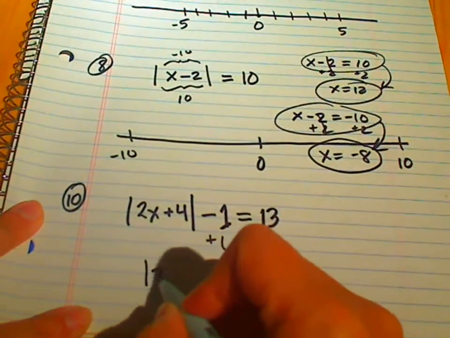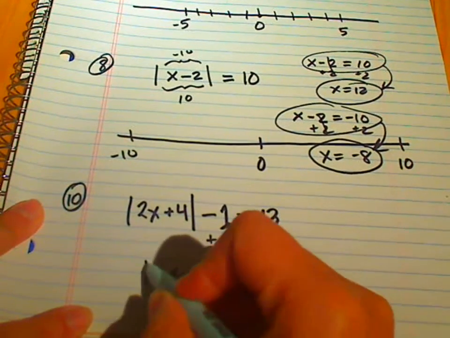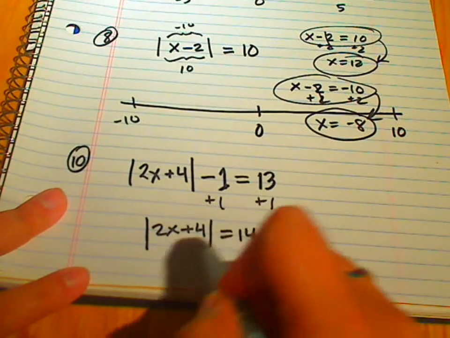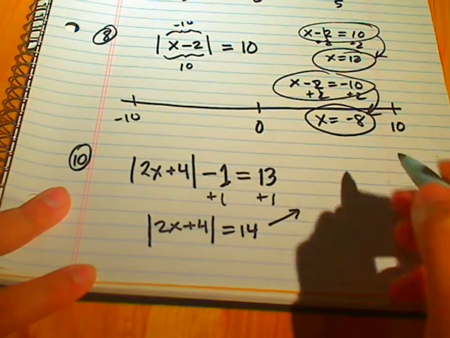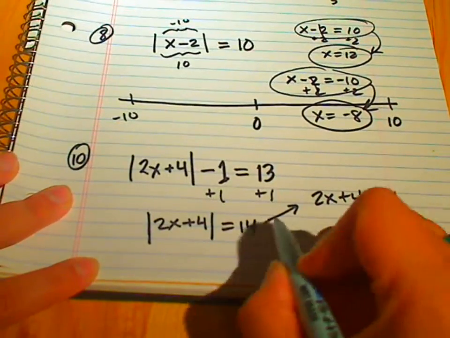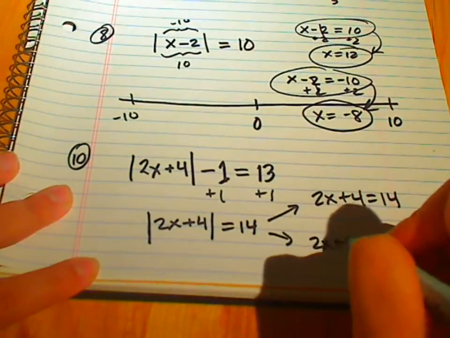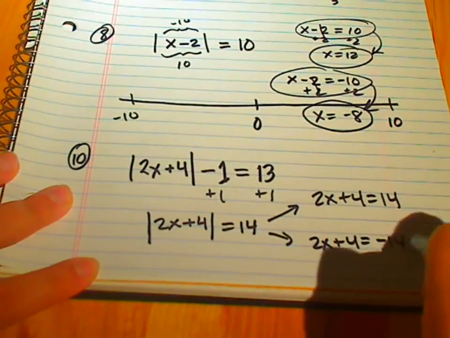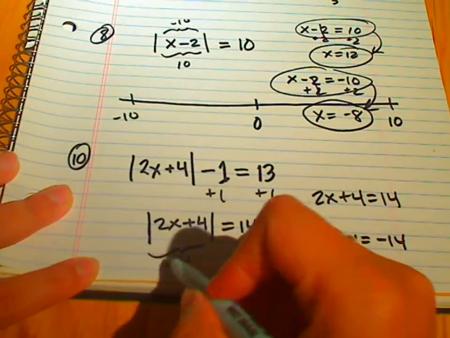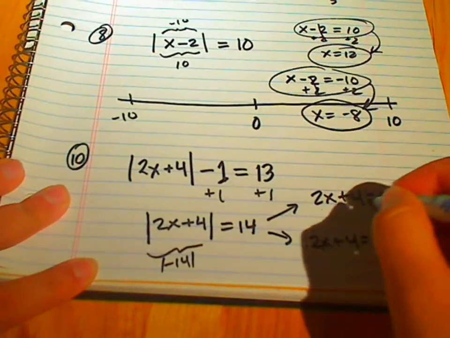So you have the absolute value of 2x plus 4 equals 14. I want to know a number that when I plug it in, the absolute value is 14. So you're going to set up 2 problems. 2x plus 4 equals 14, because I could go the positive 14 direction, or 2x plus 4 equals negative 14, because if I get a negative 14 in here, my absolute value will be positive 14. So there are 2 solutions.